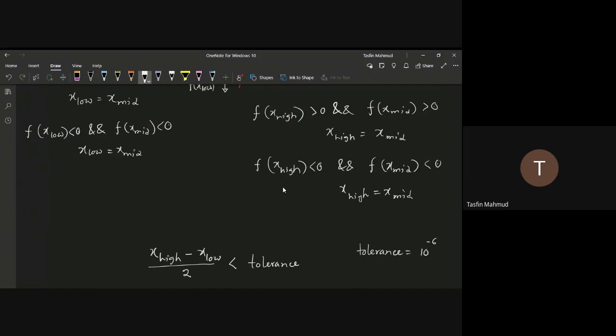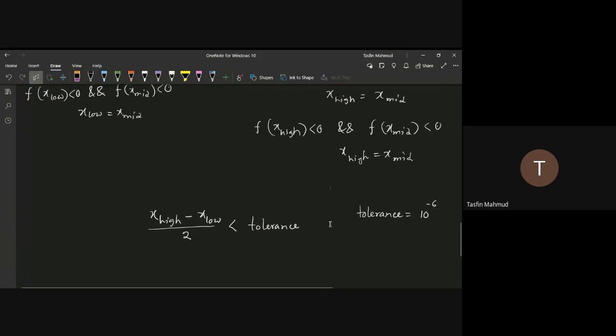It would be best if we can set it to 0, but setting it to 0 would increase the number of iterations to a very large number. So we will not set the tolerance to 0, but to a very low value.